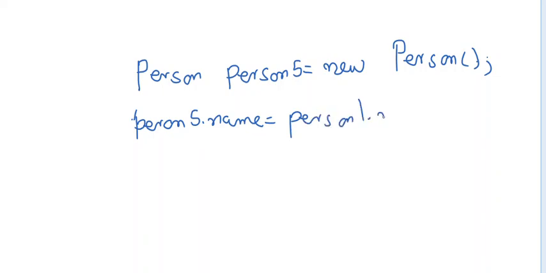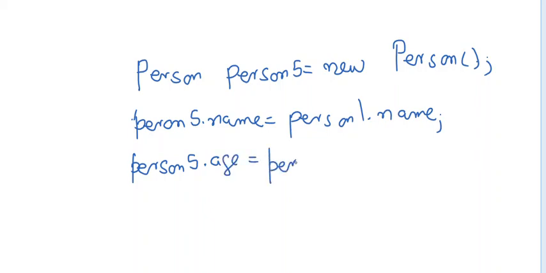Okay, so what I did was I take the name of person 1 and copy it into person 5's name, and then I take the age of person 5 and I give it the value of person 1's age.